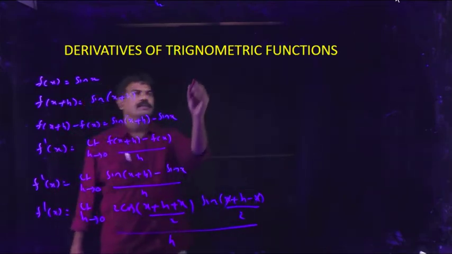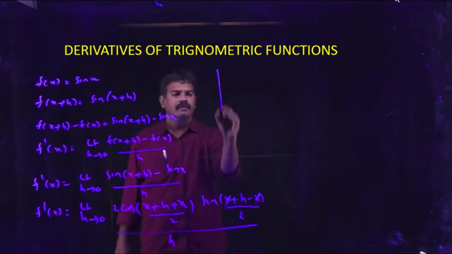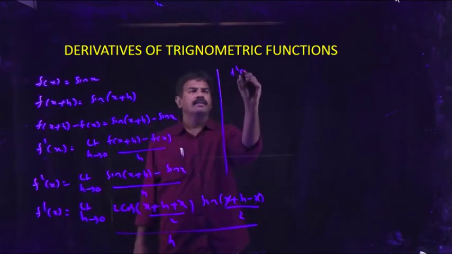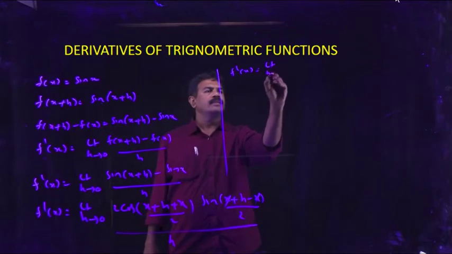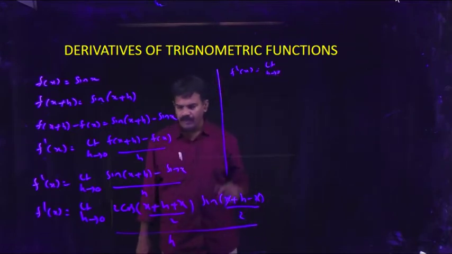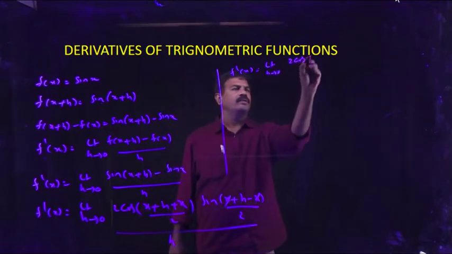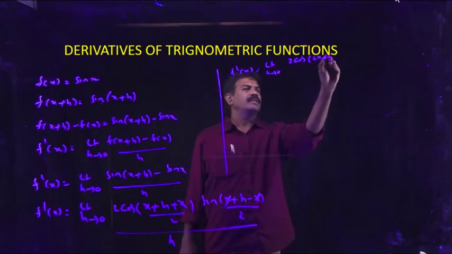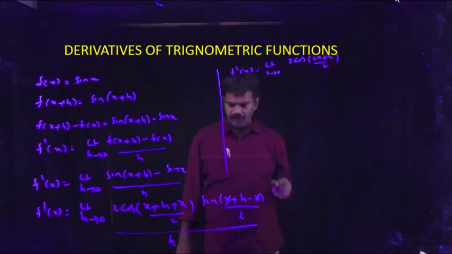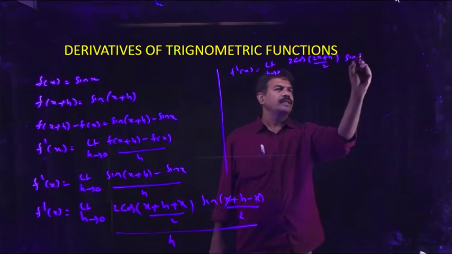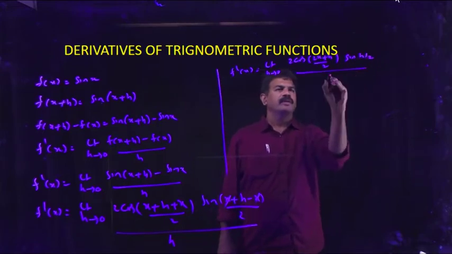That is f dash x is equal to limit h tends to 0, 2 cos of 2x plus h by 2 into sin h by 2 by h.